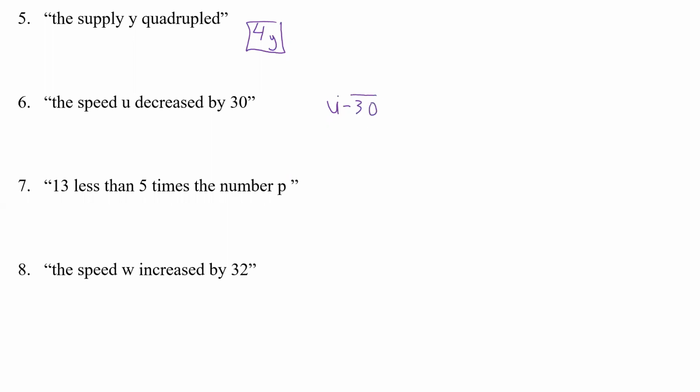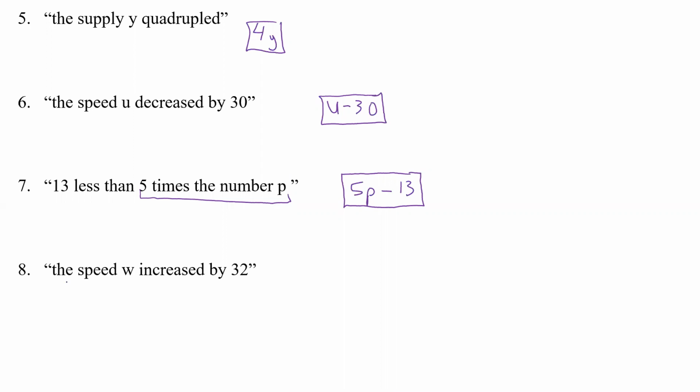And that would be our new speed, which is u minus 30. All right, how about 13 less than 5 times the number p? Okay, so we're going to take 13 off of this part here, 5 times the number p. So we'll take 5 times p, and 13 less than that would be we subtract 13. And that then would be our expression 5p minus 13.